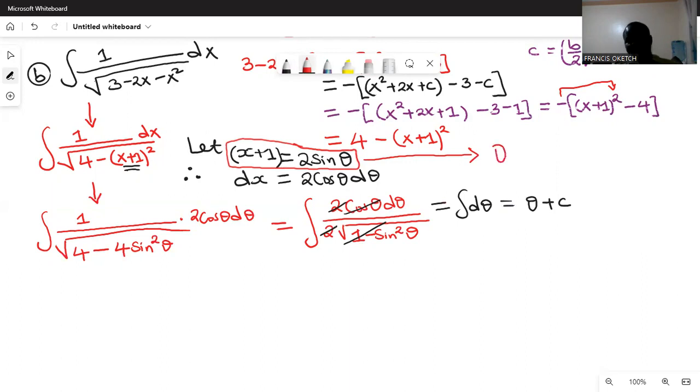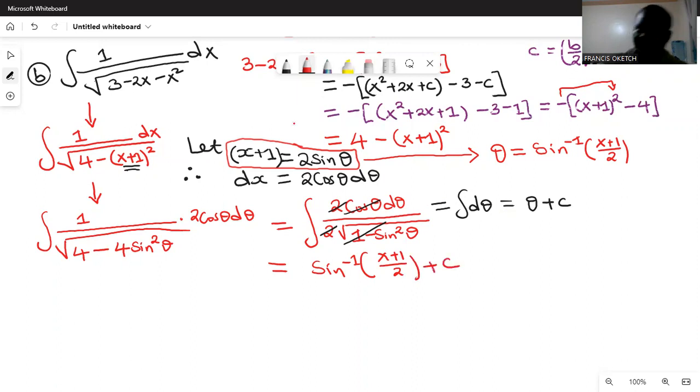So we are going to say that theta is equal to sine inverse of (x plus 1) divided by 2. So that our final answer is equal to sine inverse of (x plus 1) over 2, and then we add the constant c. c is a constant of integration.